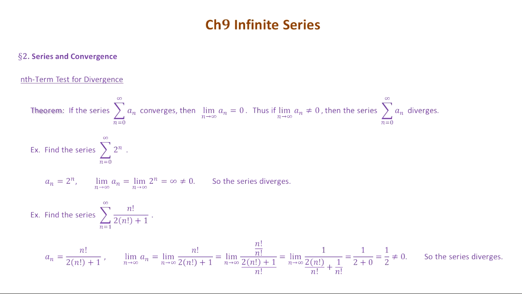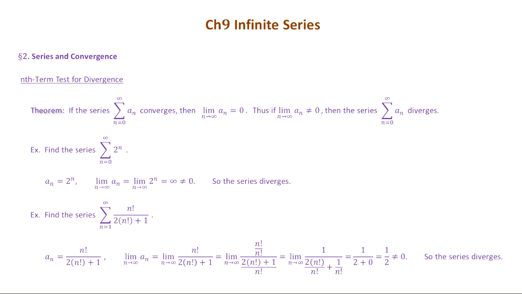When you take the limit, n factorial will approach infinity. If you multiply 1, 2, 3, 4 up to infinity, you multiply all those numbers, so obviously you get a huge number, and then you divide 1 by that huge number, you get 0 as the limit. The approach is 0.